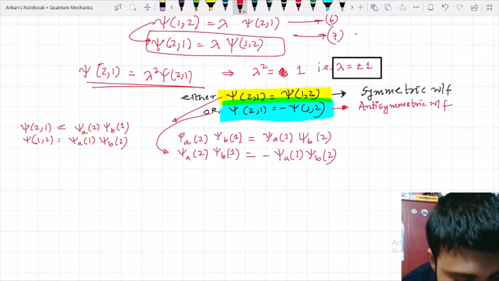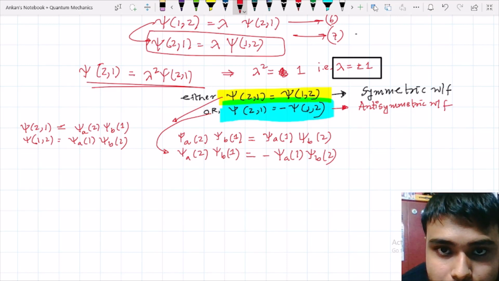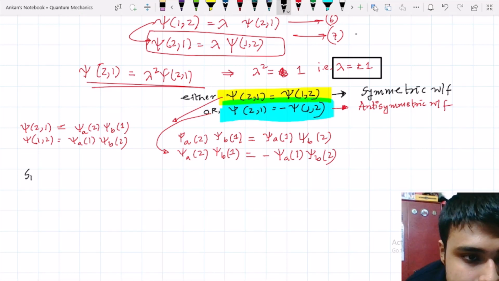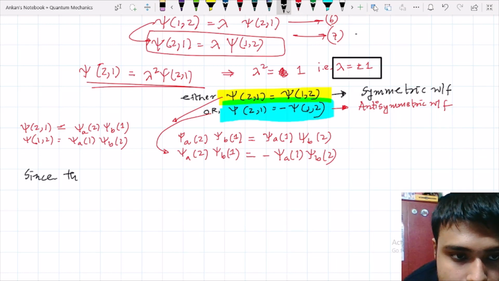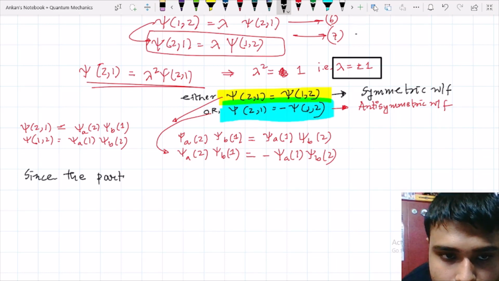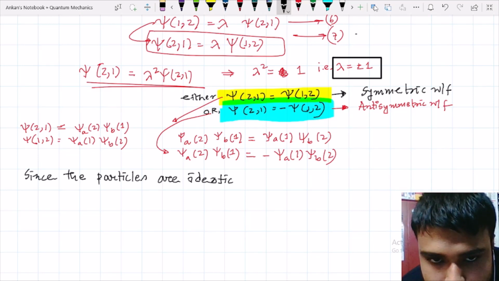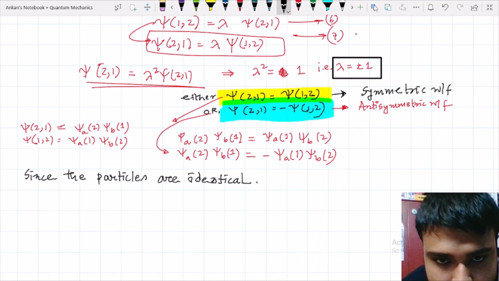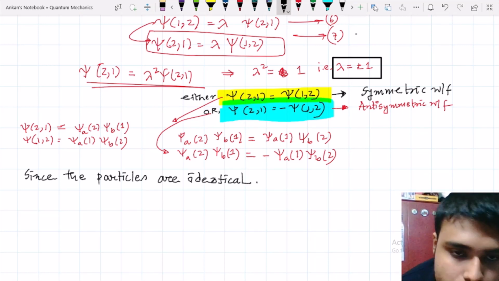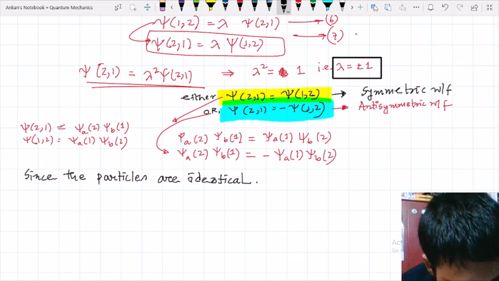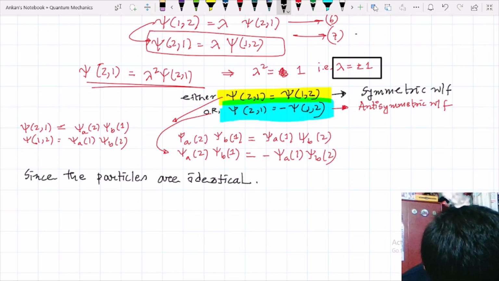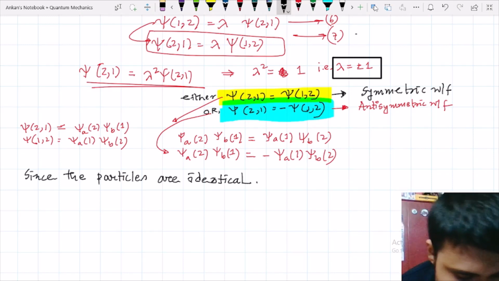Since the particles are identical, there is equal probability for both wave functions to occur, in the states psi12 and psi21.